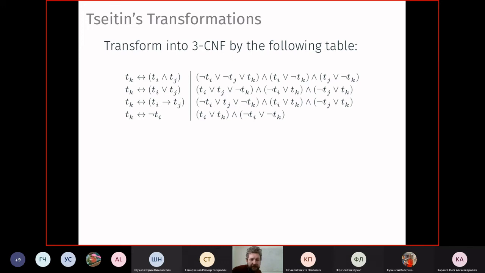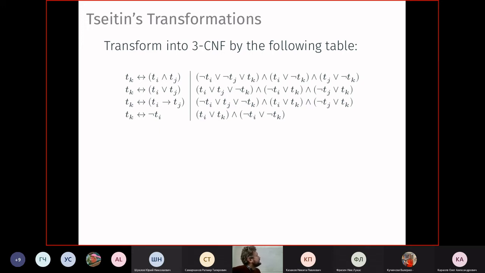Okay, great. So here it is. Tk is true if and only if Ti is true and Tj is true. This says the following: not Ti or not Tj or Tk.